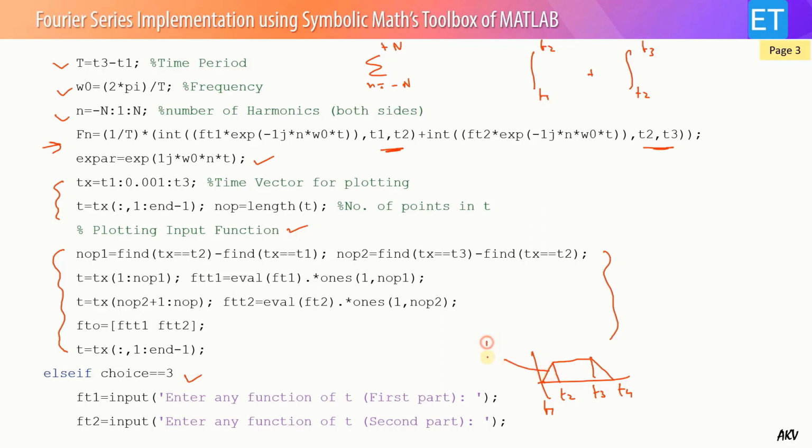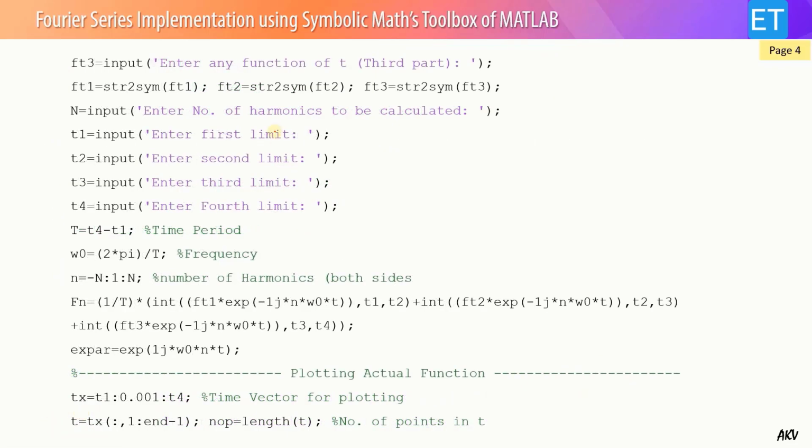So this is your t1, this is your t2, this is t3, and this is t4. So this is your first part ft1, this is second part ft2, this is third part ft3. So you are entering ft1 and entering ft2, then ft3, and then converting all into the symbolic expression, then getting number of harmonics, and then getting all these time points t1, t2, t3, t4, and then obtaining the time period, your omega naught, and then your harmonic vector.